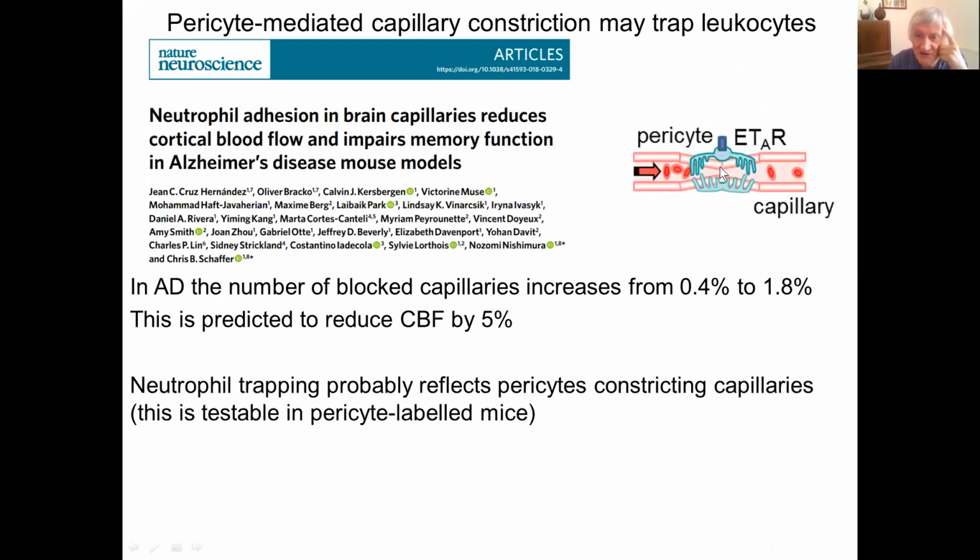We would imagine that this constriction by pericytes is going to make it easy to trap neutrophils in the blood vessels like this. But nevertheless, this predicted effect on blood flow here is much smaller than the predicted effect if you simply consider the blood as a fluid without cells in it. So we think simply the increase of resistance is the bigger effect.